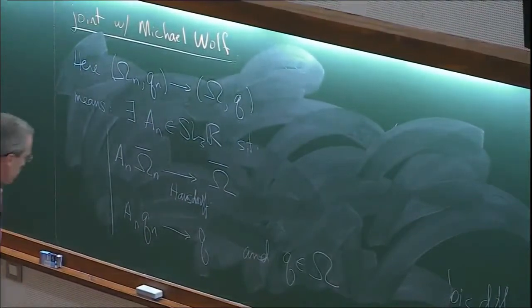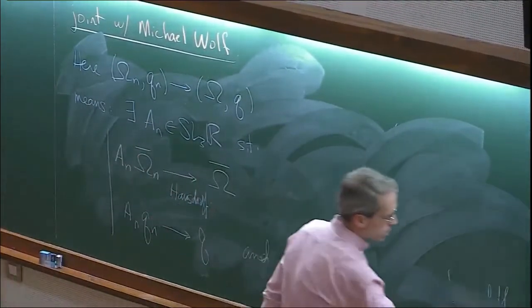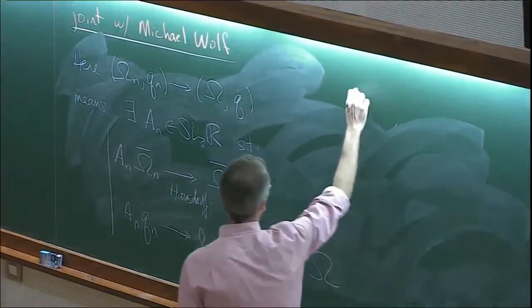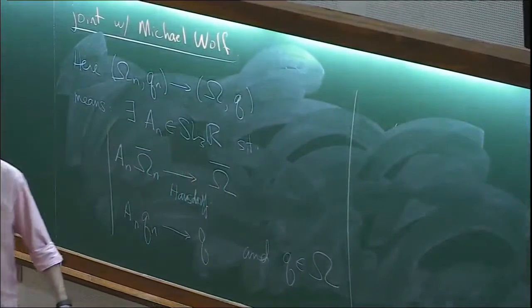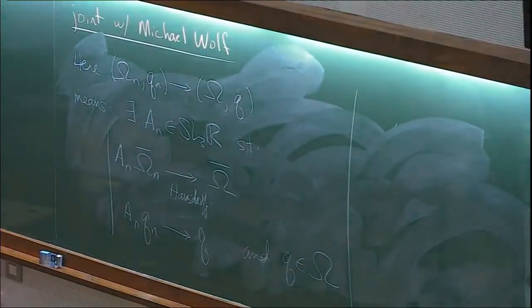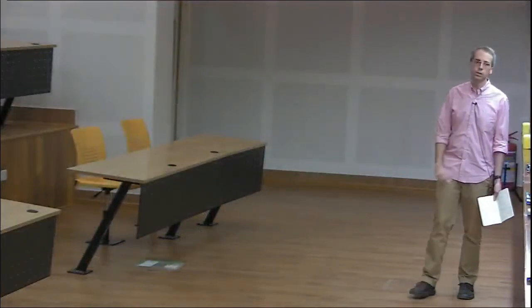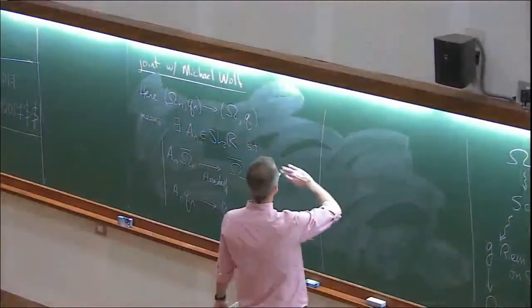Okay, so this notion of convergence might look a little strange, but it's the best you can do when the construction is SL3R natural. I mean, it doesn't actually give you a uniquely determined set in RP2. It gives you one uniquely determined up to the action of SL3R. This is the best you could hope for.